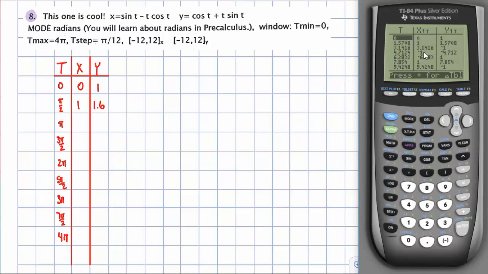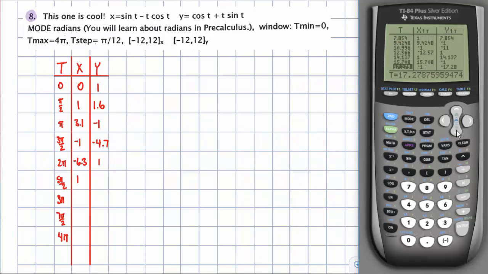This is still pi, but as I said, when you're graphing it, 3.1 is fine because you have to know where to put it on your graph. So 3.1, negative 1. Keep going down, negative 1, negative 4.7. Then we have 2 pi, so that's negative 6.3. And 1. Go down a little bit more here.